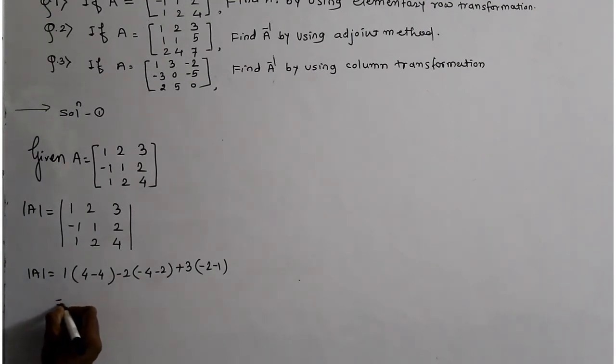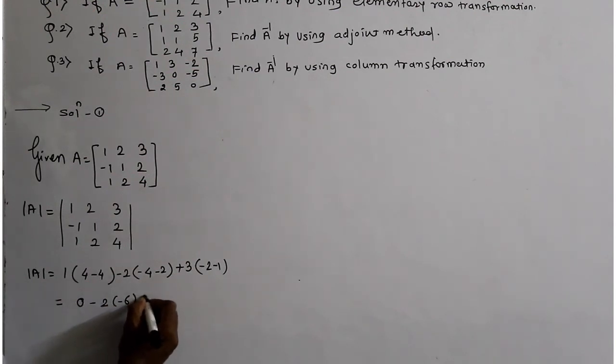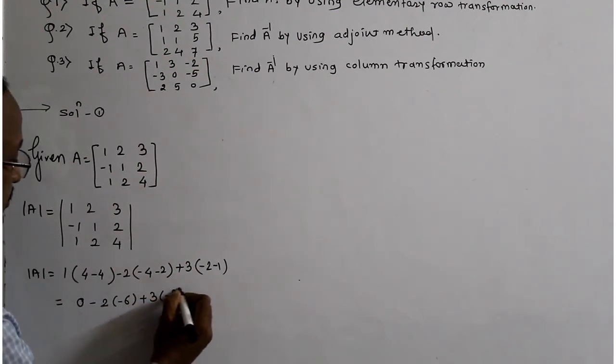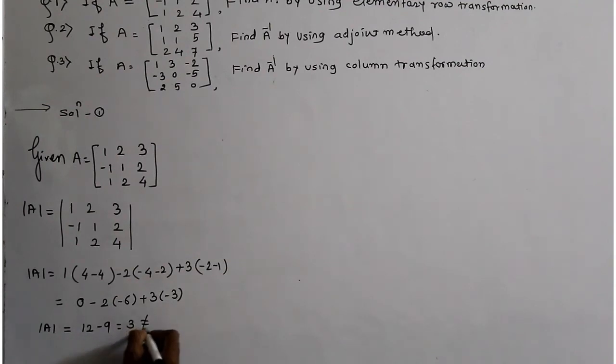Then it is equal to 0 minus 2 into minus 6 plus 3 into minus 3. So determinant of A is equal to 12 minus 9, which is equal to 3, not 0.